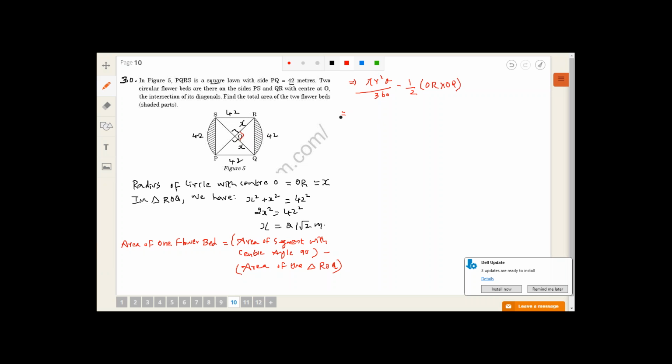So that is equal to 22 by 7 into radius being 21 root 2 into 21 root 2 into 90 by 360 minus half into 21 root 2 into 21 root 2.